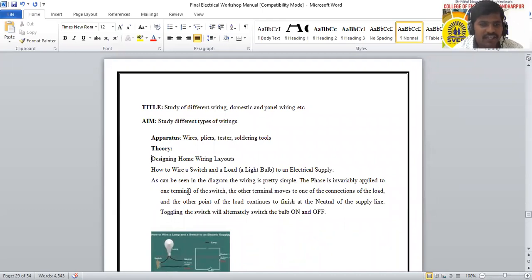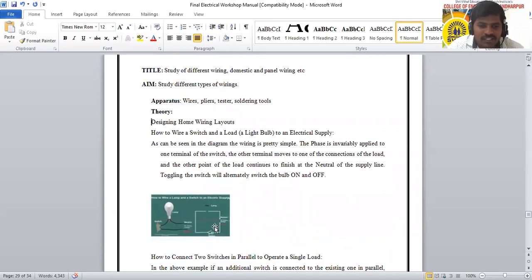As can be seen in the diagram, the wiring is pretty simple. The phase is invariably applied to one terminal of the switch, and the other terminal goes to one of the connections of the load.